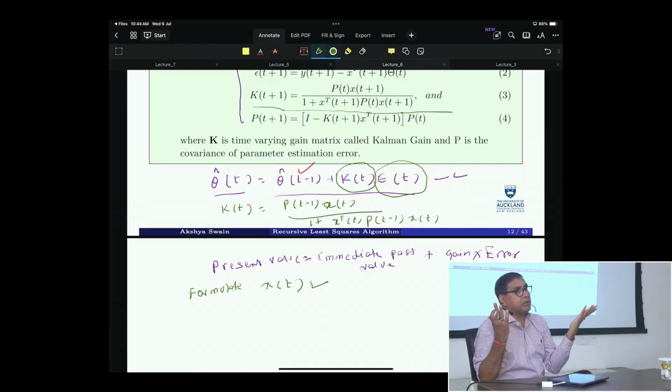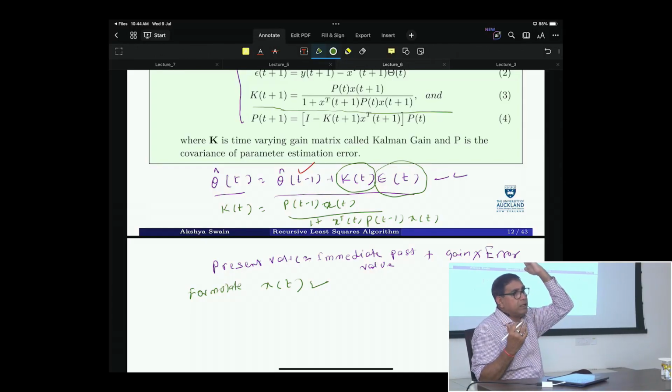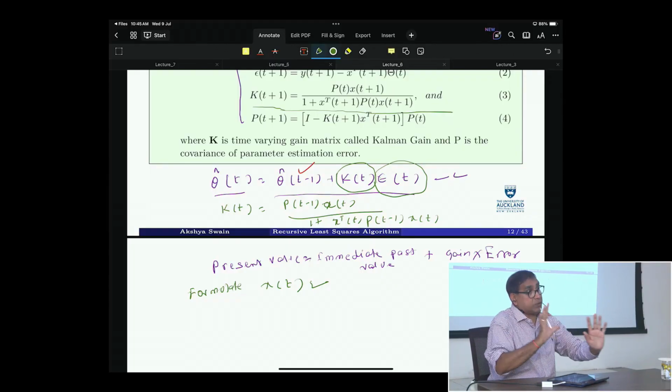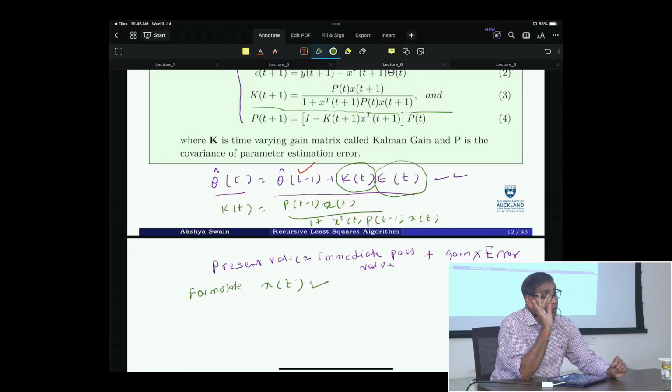The previous value is 1,000 years before or 2,000 years before. There is no previous point, right? So you have to assume some previous value to start with. So all recursive algorithms require some assumption of where to start. Got my point? Just like whether the chicken is first or the egg is first. It's a difficult problem. You have to assume something, right?